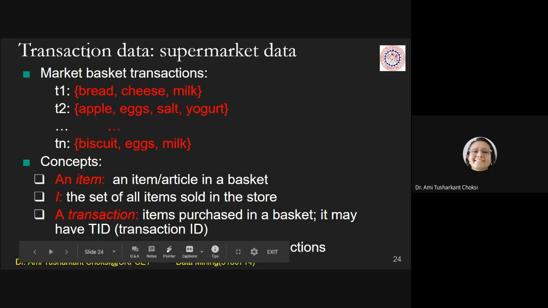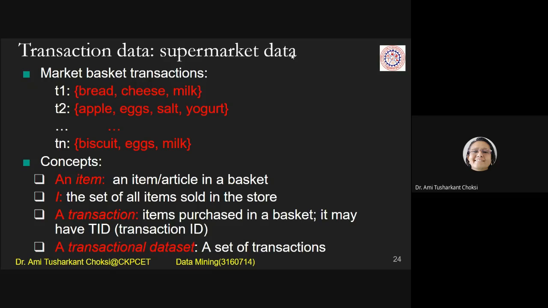Now the transaction data of supermarket data. We have already considered market basket data, so we are considering market basket transactions. For T1 transaction, we can have bread, cheese, milk.